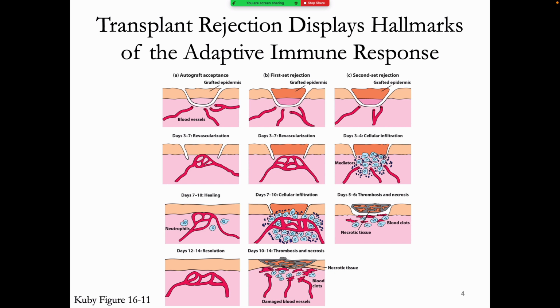And the alternatives to autografts are allografts or xenografts. In general, the prefixes auto, allo, and xeno are used a lot when we talk about transplantation.